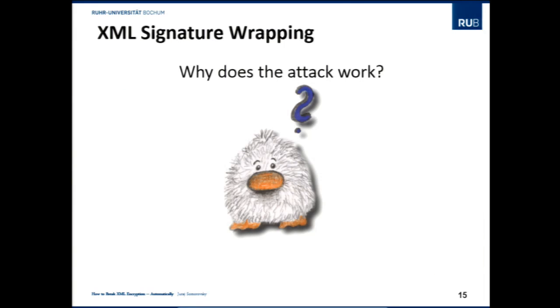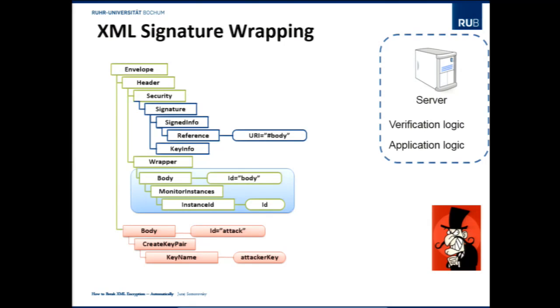So why does the attack work? Let's take a look at the message processing. Typically, servers consist of two logics. There's a verification logic for XML signature validation, and there's an application or business logic for the message invocation.